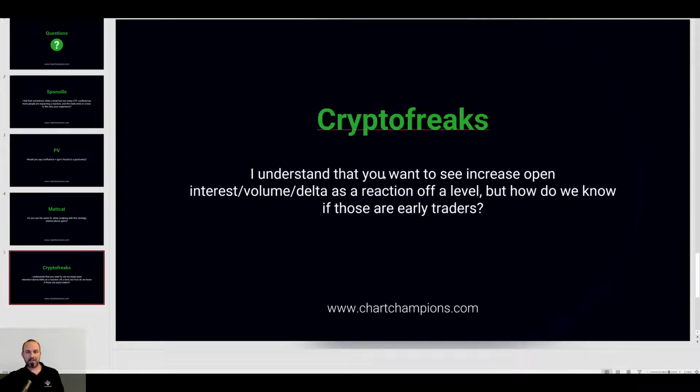I understand that you want to see increases in open interest, volume, delta as a reaction at a level, but how do we know if those are early traders? It's really hard to answer this question, because each trade is different. And here's the thing: best case scenario, yes, increases in open interest, volume, delta, but most of the time I'm okay with increases in volume.